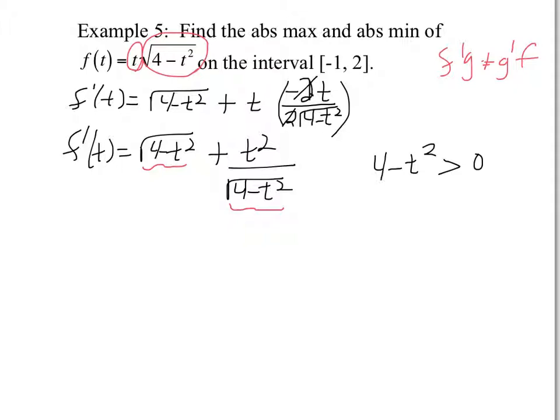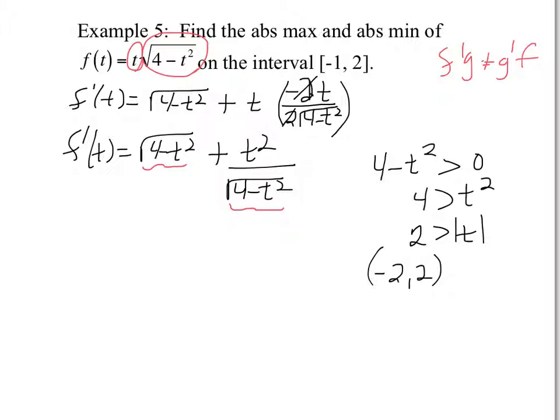It happens to be greater than 0 for the absolute value of t less than 2. So between -2 and 2, not including them, it is defined.